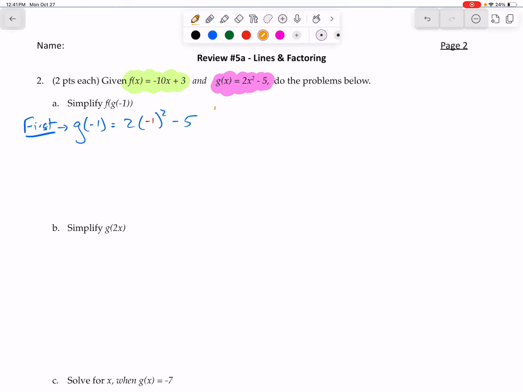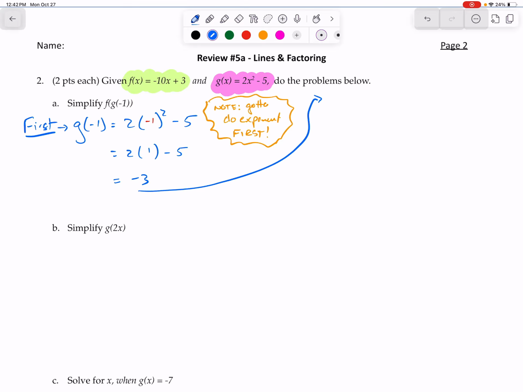And note here, gotta do exponent first. So I've got to square the -1, and I'll get 2 times 1 minus 5, which is -3.